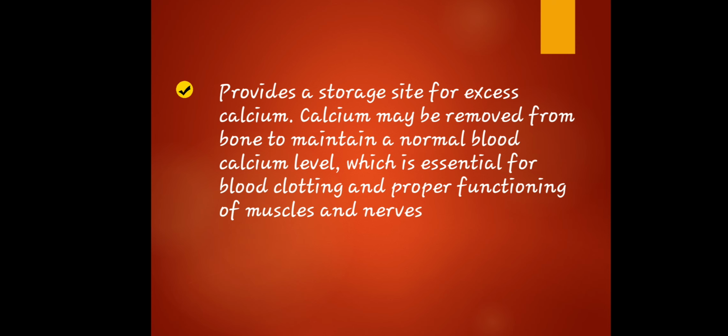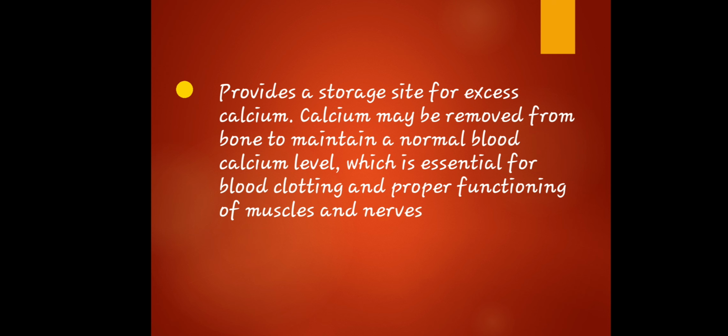in times of need. For example, during pregnancy, calcium can be removed from the bones. That is why in this statement, calcium may be removed from bone to maintain a normal blood calcium level. So to be specific, what stage in that case? During pregnancy, calcium can be removed from your bone to maintain your normal blood calcium level.